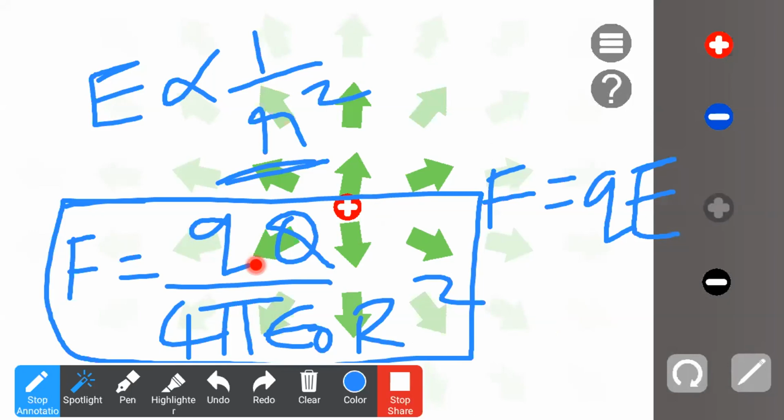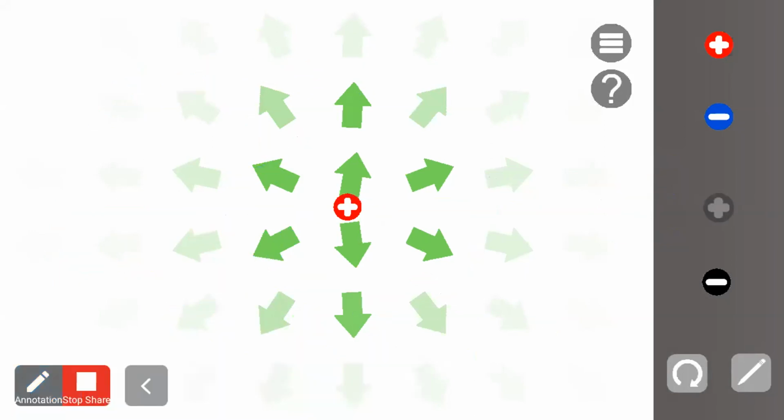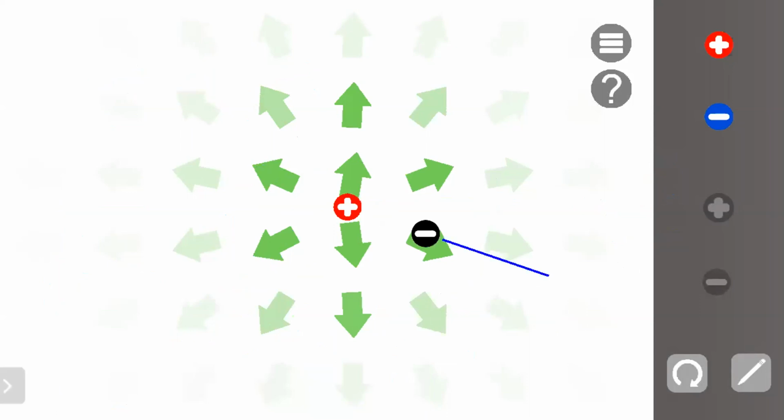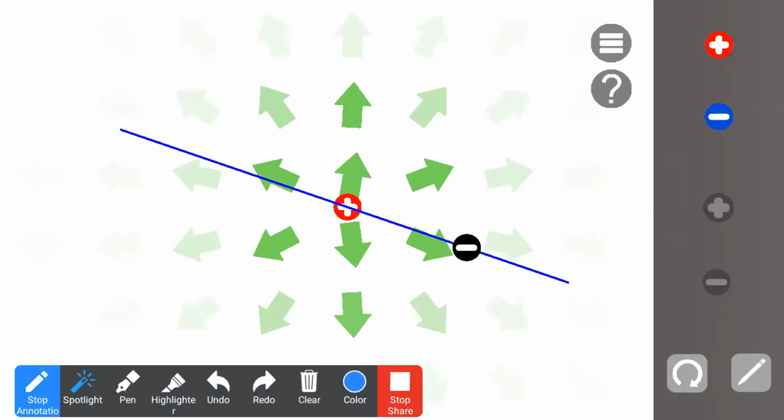So now I will go to Coulomb's law. Before going to that, shall we observe one more thing? See, if a positive charge is already there and I place a negative charge, what is happening? It is just oscillating. It cannot go away because it attracts.